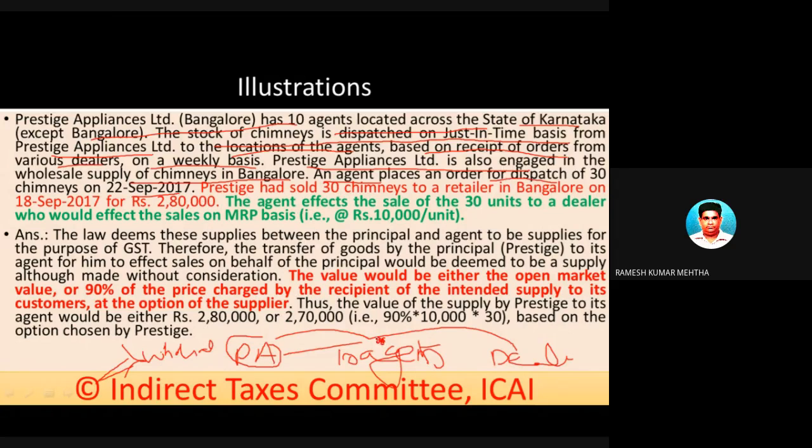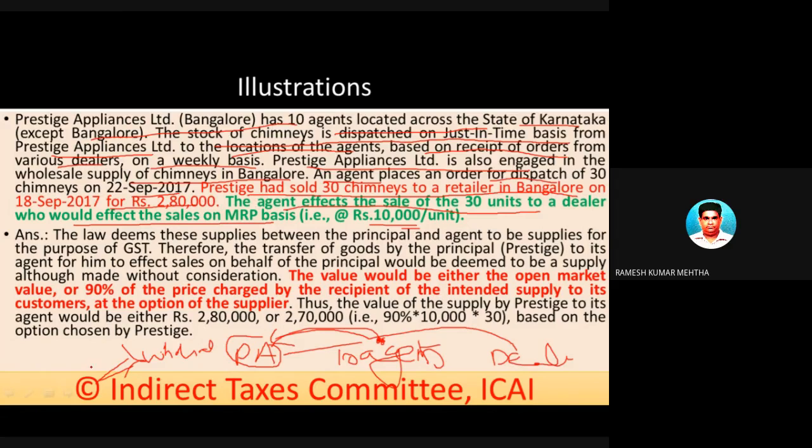Prestige has sold 30 chimneys to a retailer in a Bangalore outlet on 28 September for 2,80,000 rupees. This is the other part. The agent effects the sale of 30 units to a dealer at MRP, that is rupees 10,000 per unit.